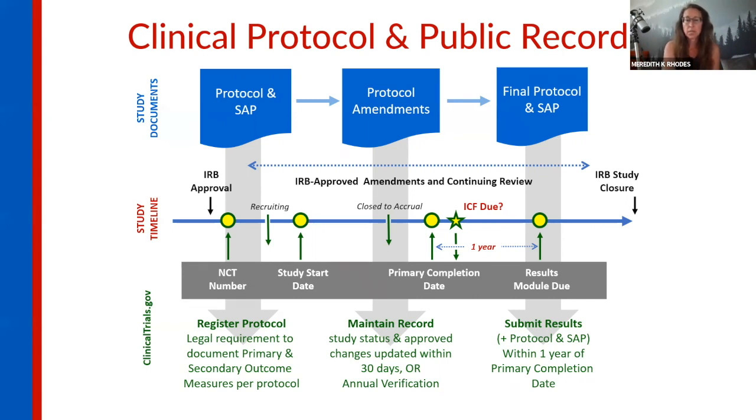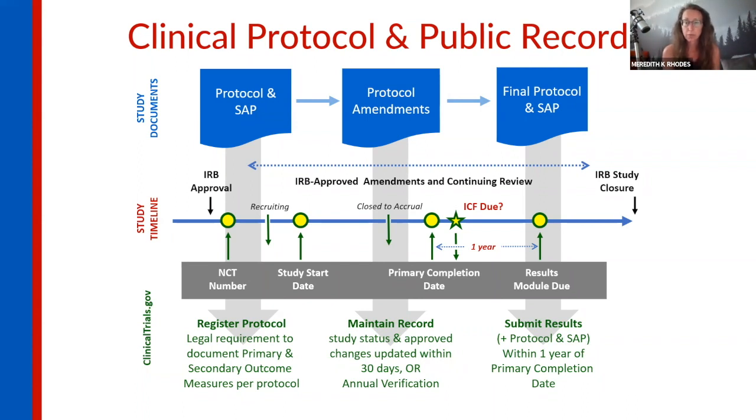The study start date is technically the date upon which the first participant is enrolled, and that's a key date that's held in the public record. You can look that up for any CT.gov record.